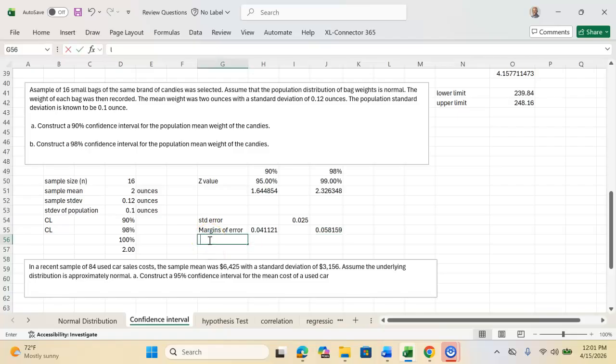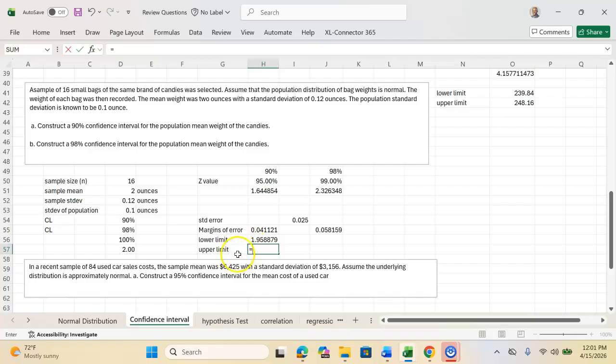Then we can find the lower limit and the upper limit. So let's find the lower limit for this first question here, where we consider 90%. It's easier to find the lower limit in this case because we're going to take sample mean minus margins of error and enter.